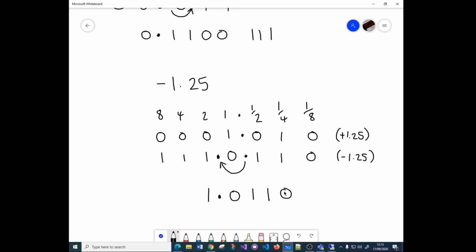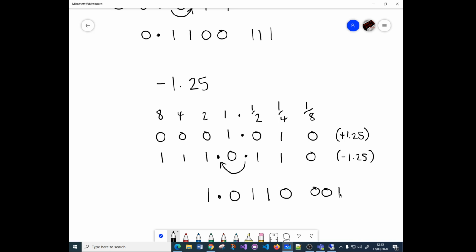The magnitude of my exponent is 1 because I moved the binary point 1 position. But I have shrunk this number, so I need to make sure that when I unnormalise and get my original number back, I make it bigger. So that's going to be plus 1.